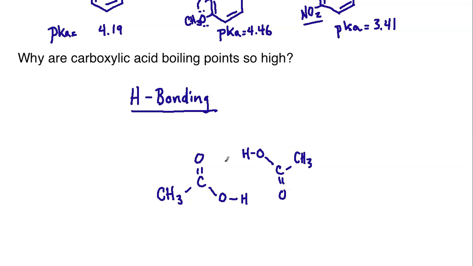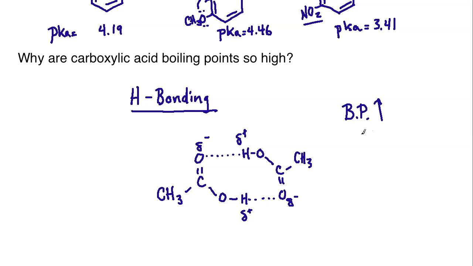So if I were to take a look at this oxygen being partially negative and this hydrogen being partially positive, I can form a hydrogen bonding situation between those two, and I can do the same thing right here, right? Partial negative, partial positive, and these coordinate together. So this hydrogen bonding activity or linkage set that you get here is responsible for why the boiling points for most carboxylic acids are going to be pretty high.